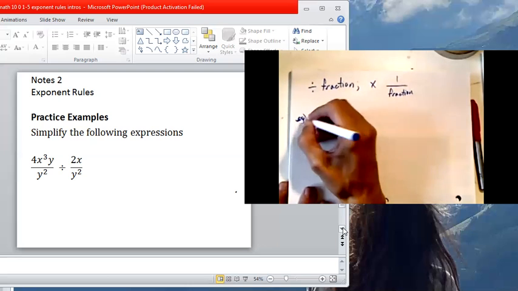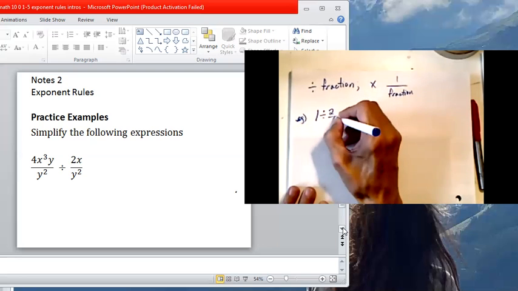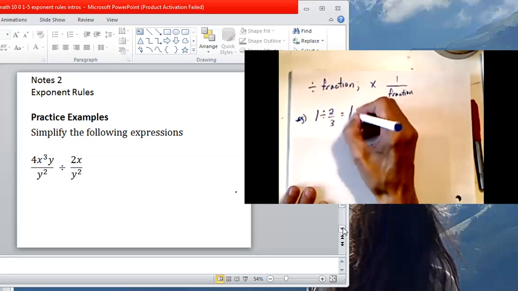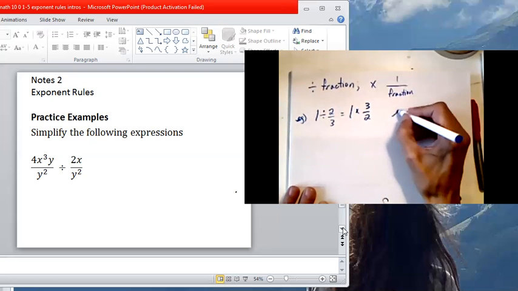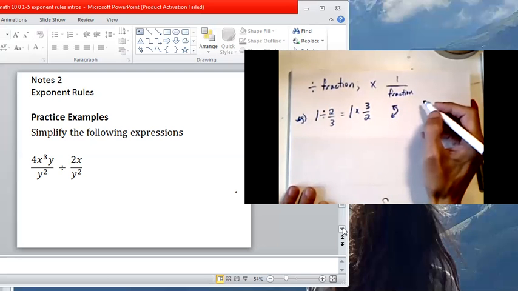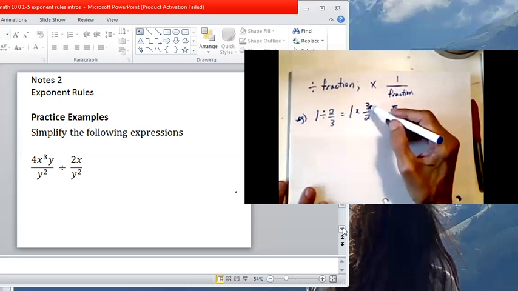Here's an example from numbers. If you have 1 divided by 2 over 3, it's the same as 1 times 3 over 2. See, the second part turns upside down.